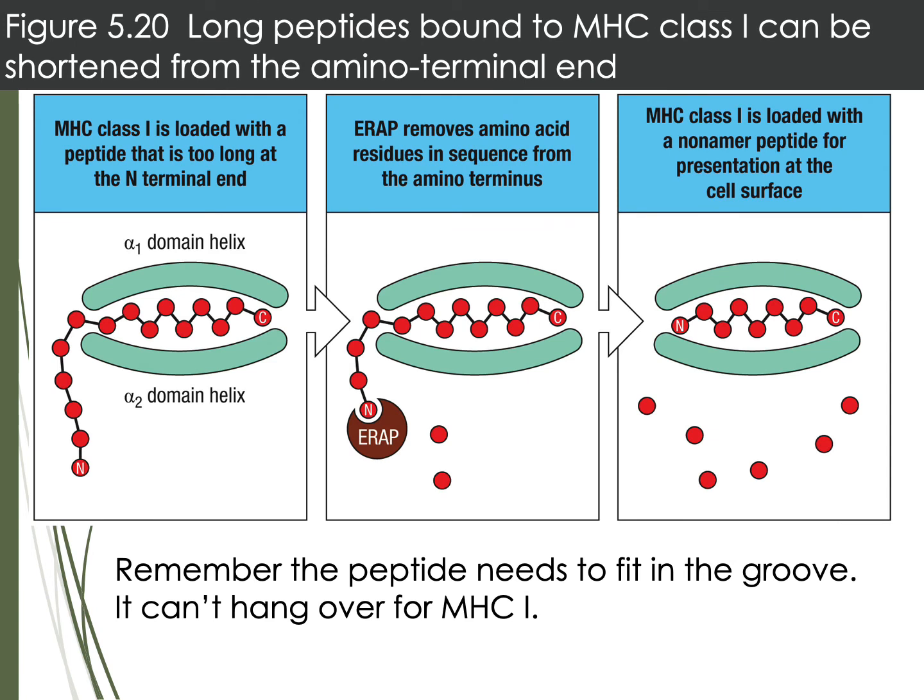Now, the proteasome is cutting somewhat randomly, and so the fragments that are created can be different lengths. When the peptide gets loaded into MHC class 1, if it's too long and it's falling out, because remember MHC class 1 has closed ends, there's a protein, ERAP, a protease that will remove amino acid residues so that it will then fit into that MHC class 1, okay?